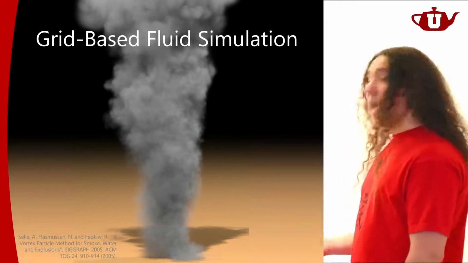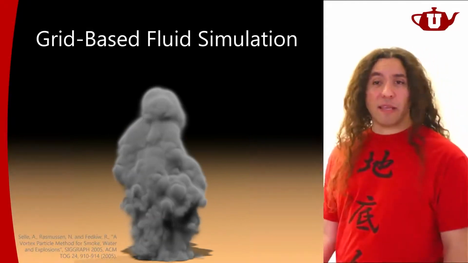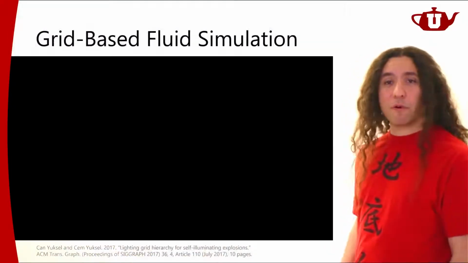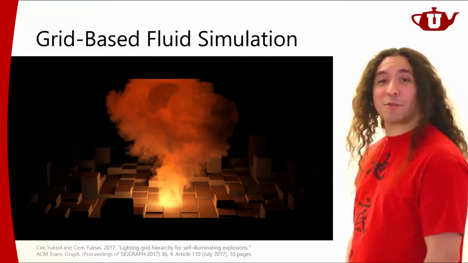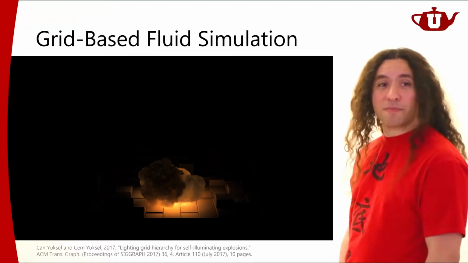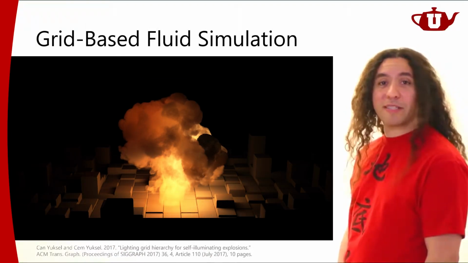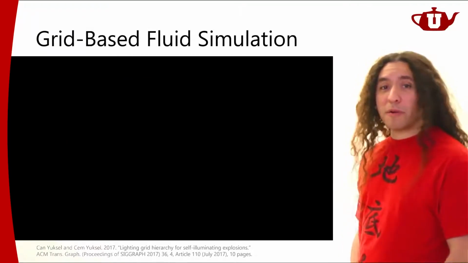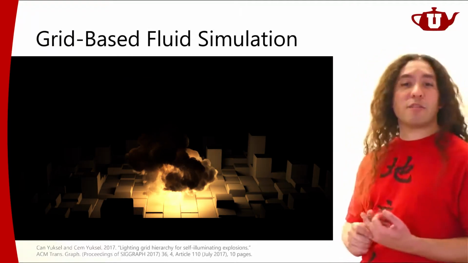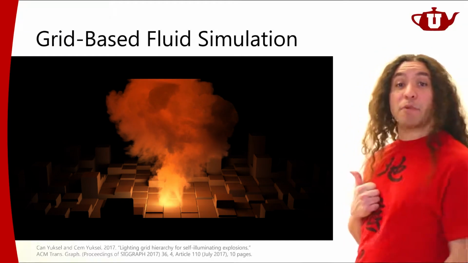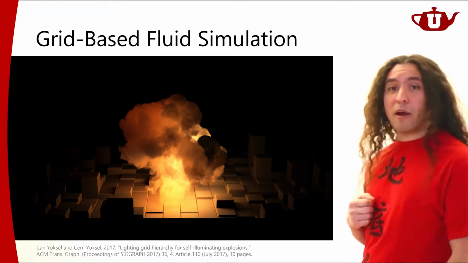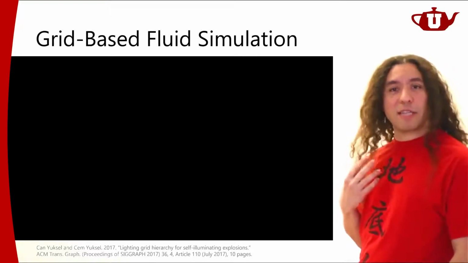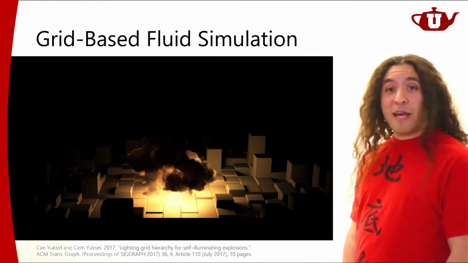I have used this technique in my research. We have used it for computing explosions. So this is a grid-based or Eulerian fluid simulation that's computing these explosions. In addition to the pressure and the velocities, we're keeping track of temperature in this simulation, and using that temperature, we are computing the amount of illumination that is coming out of this explosion.